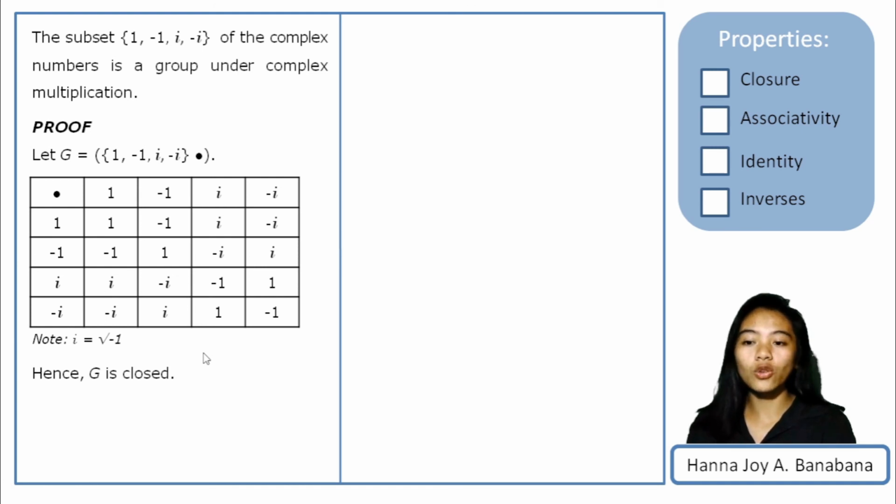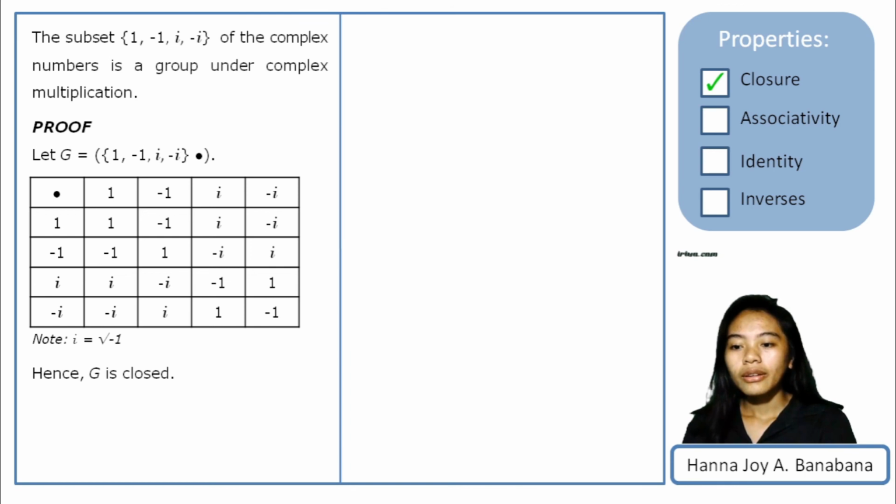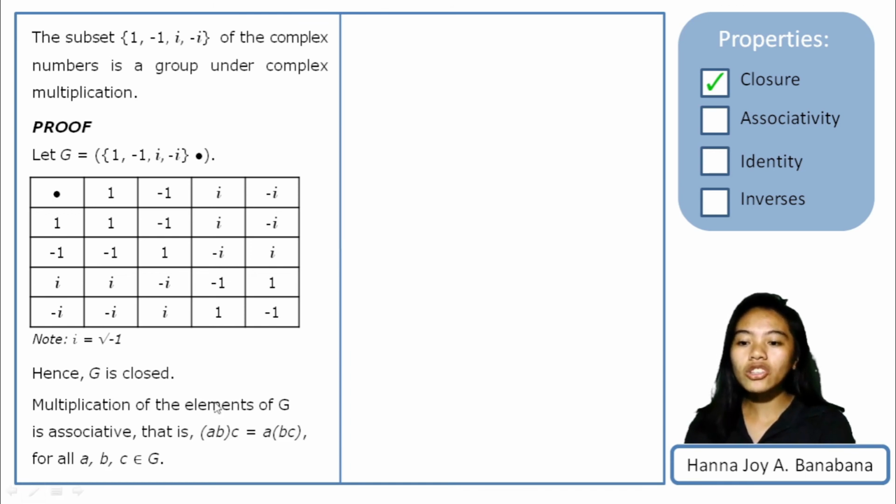Hence, G is closed. Now, we know that associativity holds for multiplication, meaning the multiplication of the elements of G is associative.